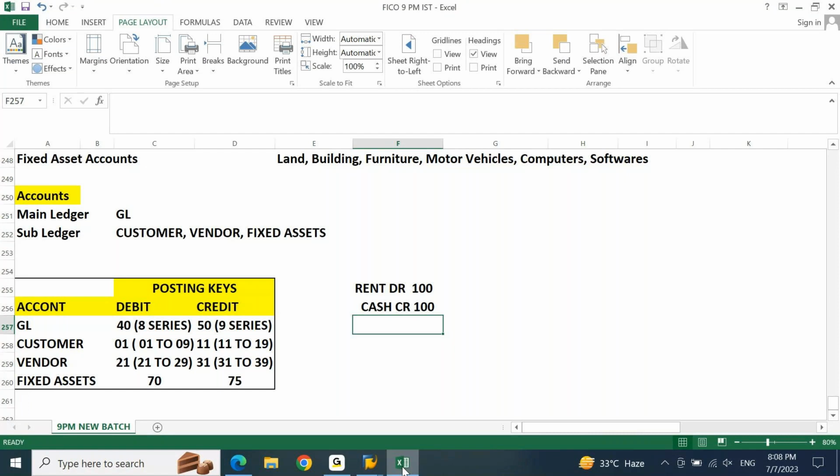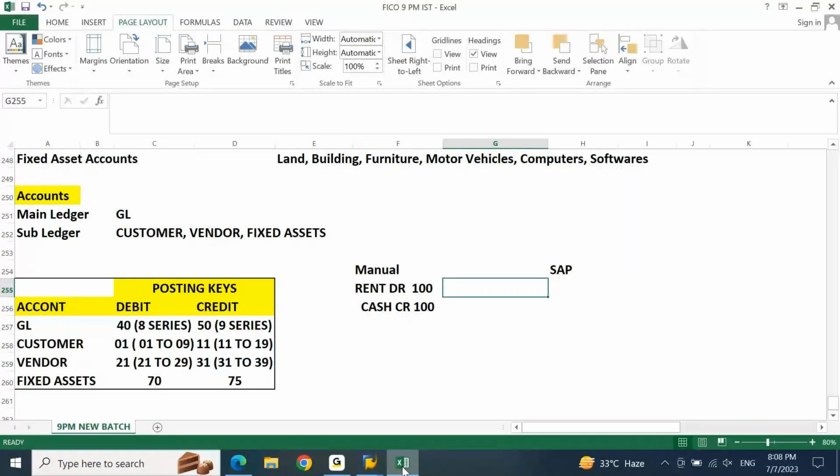But when you write the same entry from SAP point of view, I'll call the first one the manual entry. Next one, I'll put SAP. You're not going to write rent. In place of rent, what are you going to write? Account description or account code? In SAP, are you going to identify the account by account name or account code?